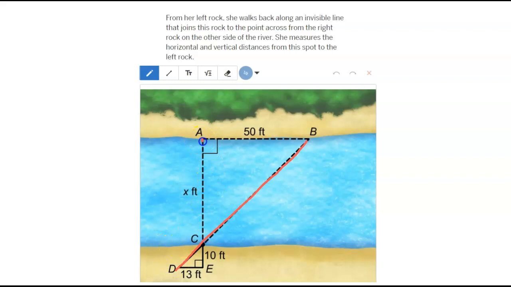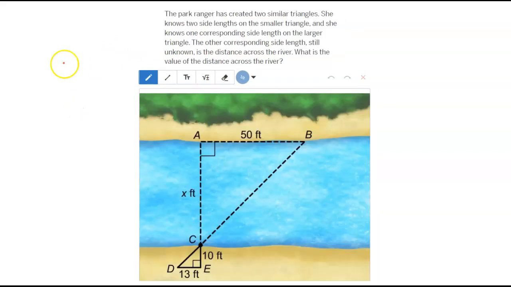And then she's going to do the same here by walking back 10 feet from where she drew this invisible line. She measures the horizontal and vertical distance from this spot to the left rock. We notice here that we now have two similar triangles.